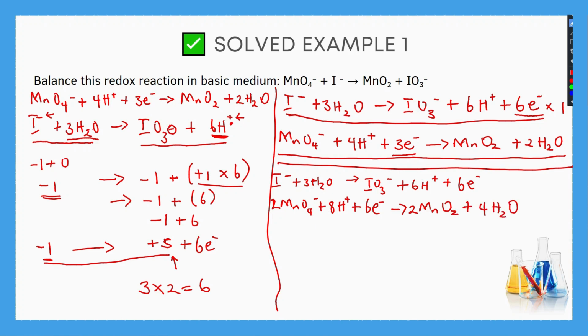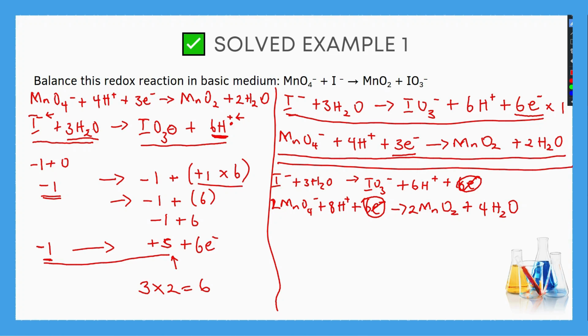I'm sure you can see how we got to this point. So now, all the electrons that are in both equations will cancel out each other. So these 6 electrons cancel out these 6 electrons. So the next rule says add the entire equation together.